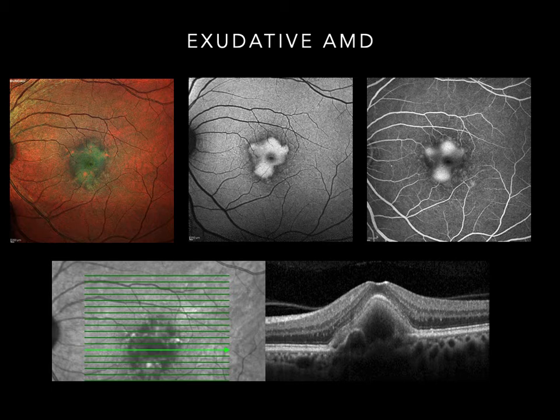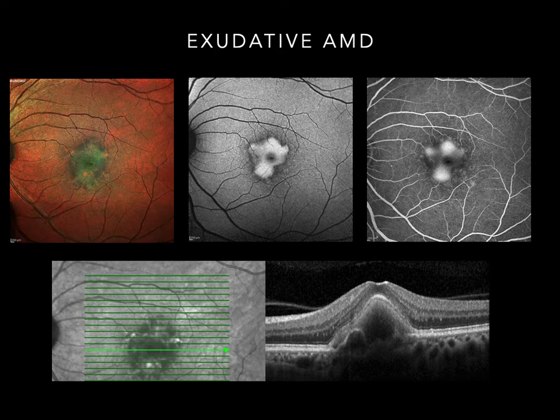Now with the EXUDATIVE AMD, we mentioned EXUDATIVE AMD in the clinical classification. It is characterized by the presence of dry disease forms such as DRUSEN, RPE pigmentary changes, and RPE atrophy associated with basal laminar drusen and the pseudovitelliform detachment of the macular area. Here, EXUDATIVE AMD, as we mentioned, has no neovascularization.